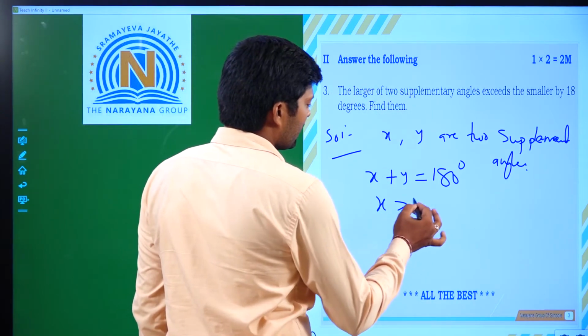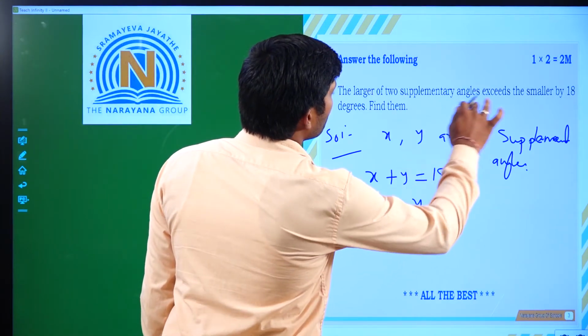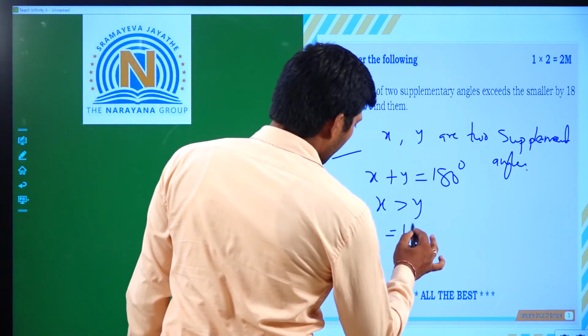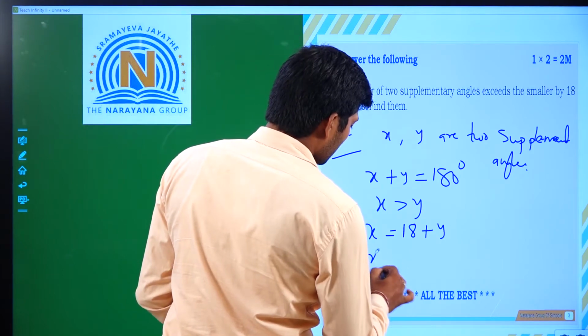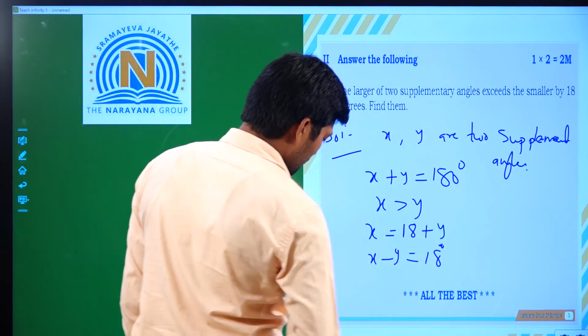Let me take x as greater than y. So x, the larger of two supplementary angles, exceeds the smaller by 18. Exceeds means 18 plus y. So rewrite this: x minus y is equal to 18.